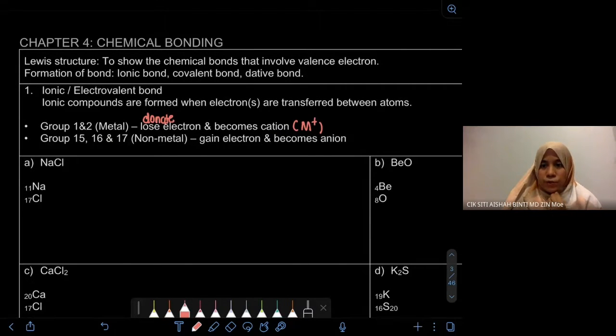So when it donates electron, it becomes a cation. And then the other atom must be group 15, 16 or 17, our non-metal. The non-metal will gain electron and become an ion. So I make a shortcut here, X minus, so it becomes an ion. We have learned this before.